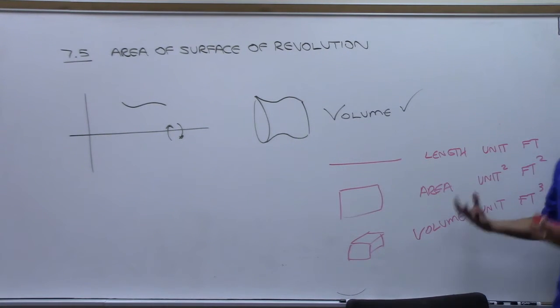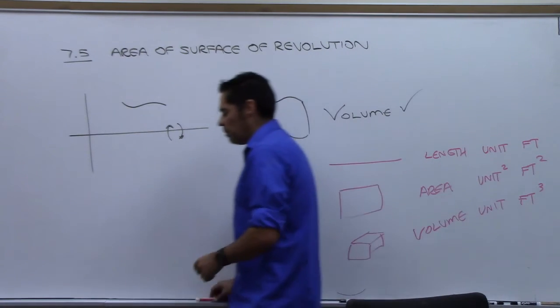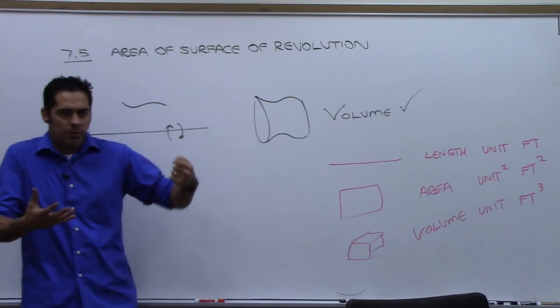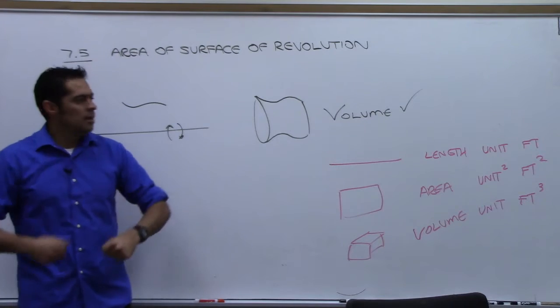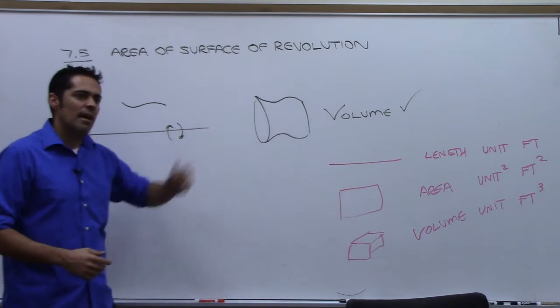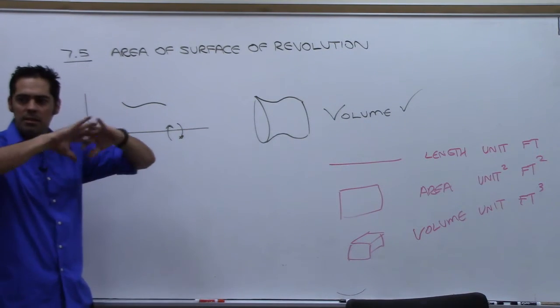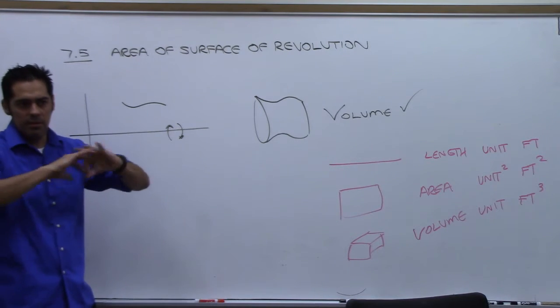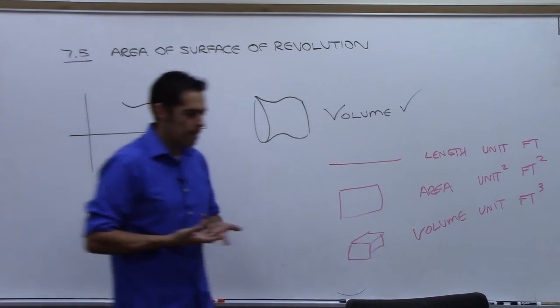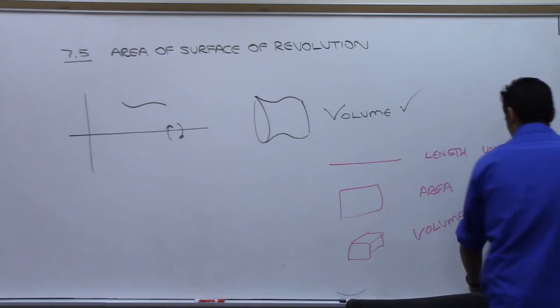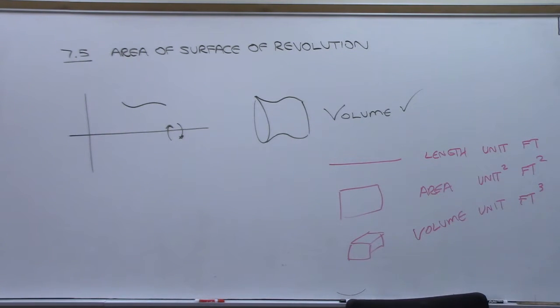So these are completely different concepts, right? We know how to find the volume, which would be what we would need to fill this thing up. Instead, let's figure out how much paint we would need to paint its surface, to cover its surface. Understand? All right, so just like everything before, we're going to come up with a formula. We're going to find out what it is, and then we're going to add them all up, and it's going to turn into an integral.